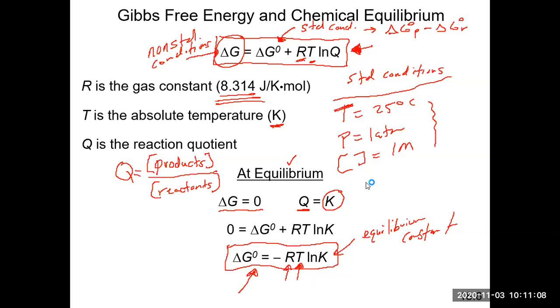We have delta G equals delta G naught plus RT natural log of Q. You would want to use that if you are given concentrations, pressures, something like that, that's not standard conditions. And lastly, we have delta G naught equals minus RT natural log of K. This is the one you would want to use when anything involves the equilibrium constant.